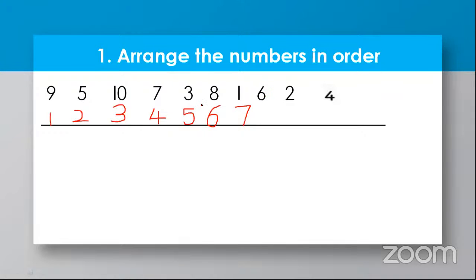I told you you have to count. 1, 2, 3, 4, 5, 6, 7. What's the number there after 7? The number is?